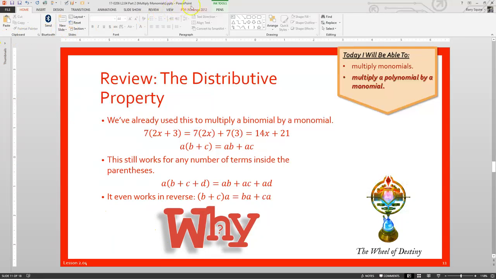Well, one of the big reasons is that multiplication is commutative, which means that A times B equals B times A. So what I'm saying here is A times (B plus C) is the same thing as (B plus C) times A. And that's why it works. So it's not different. It just looks different. It works the same.